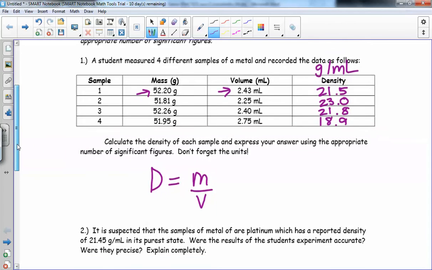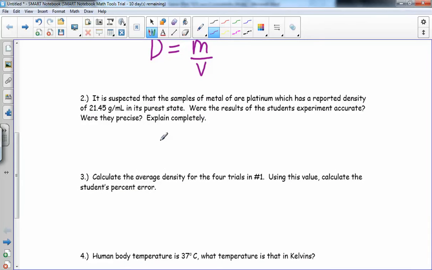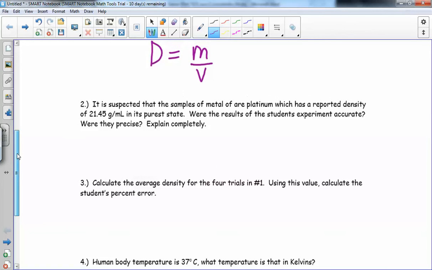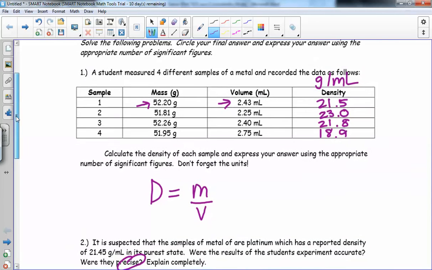Now we can move down to number 2, and it says that the suspected samples are metals of platinum, which has a reported density of 21.45. Were the results accurate? Were they precise? Explain completely. Now when we talk about precision, we're talking about are all the measures that we got close together.